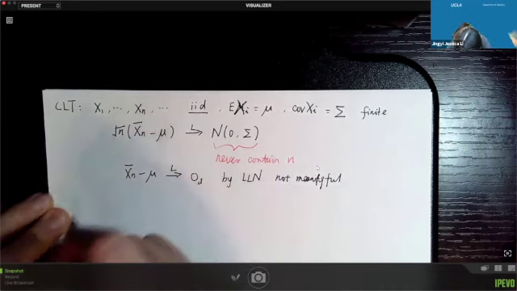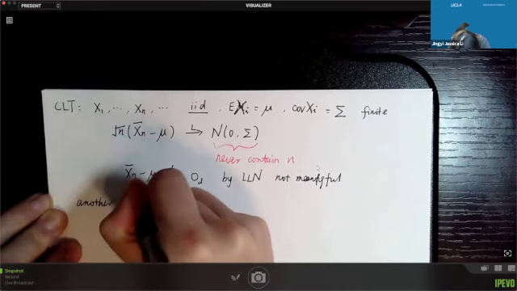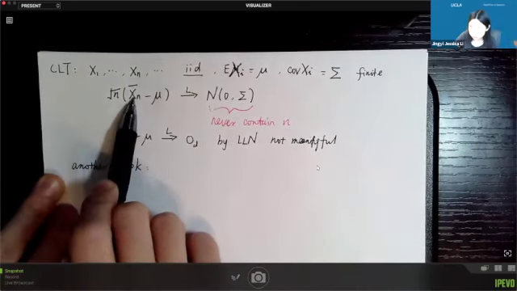If we think about this further, what can we say about it? Here is another look at the result. What if we don't write the left-hand side in terms of the average xn bar, but instead in terms of the partial sum?